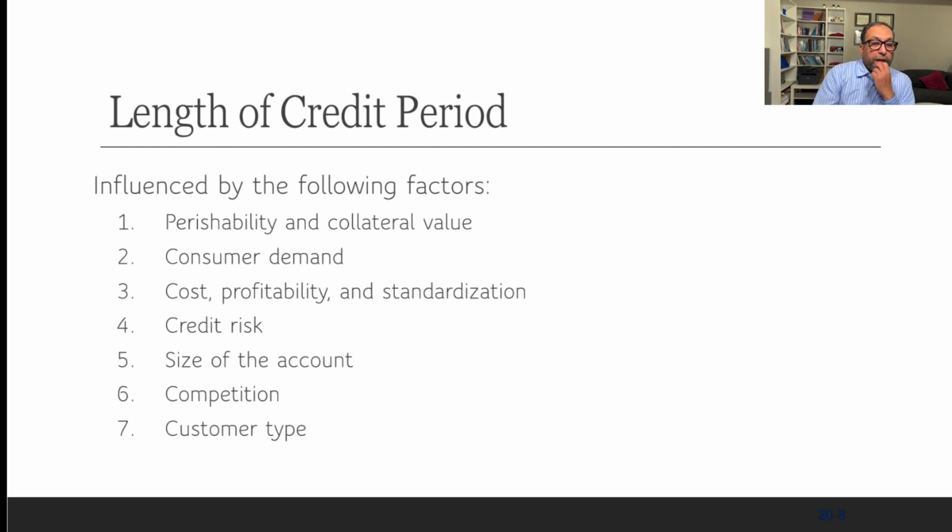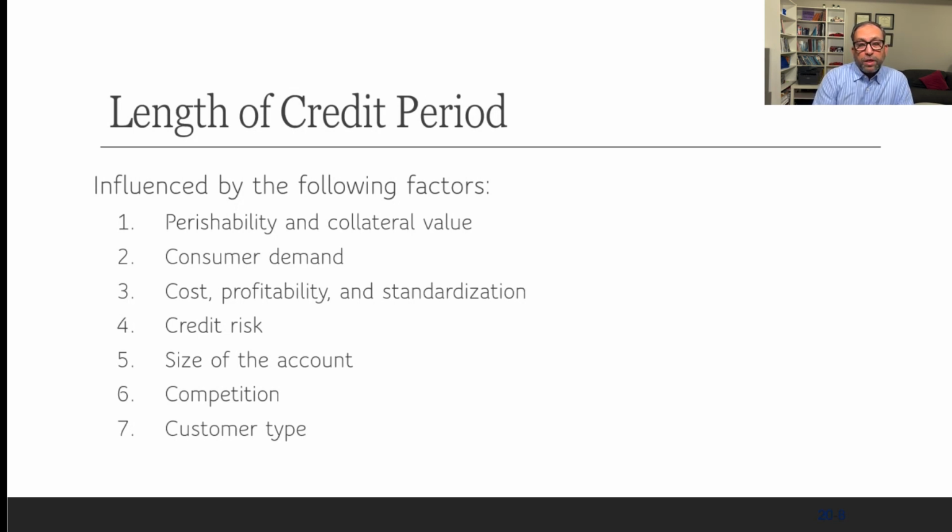Now, the length of the credit period is influenced by the following factors, that is, how long you are going to offer credit. These are the things you have to keep in mind when offering a discount or credit policy. The first is perishability and collateral value.